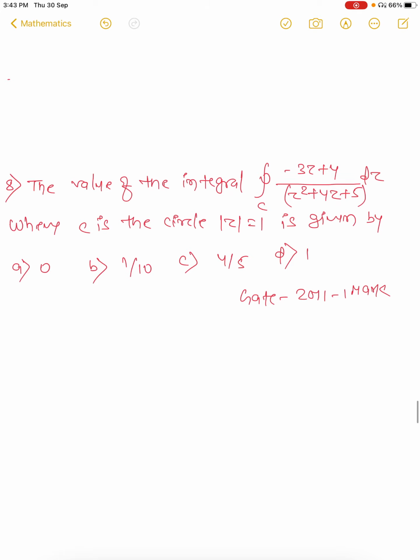Now comes the next question, number 8. The value of the integral, where C is the circle mod z equal to 1.